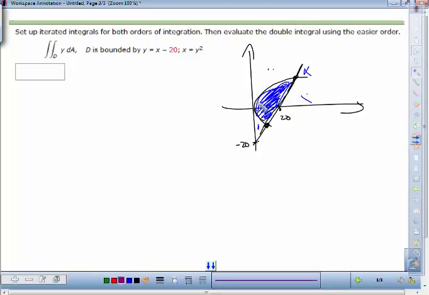So if we cut it along the x, your slices would look something like this, right? So if I look at the length of the slices, I'm looking at essentially some y values.